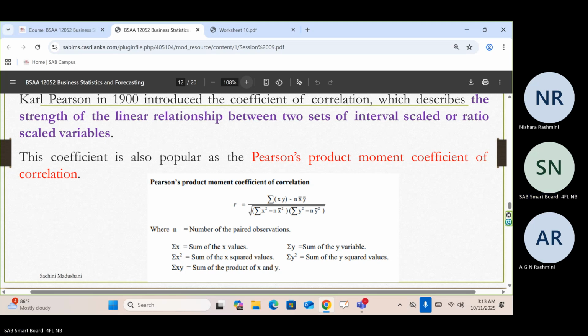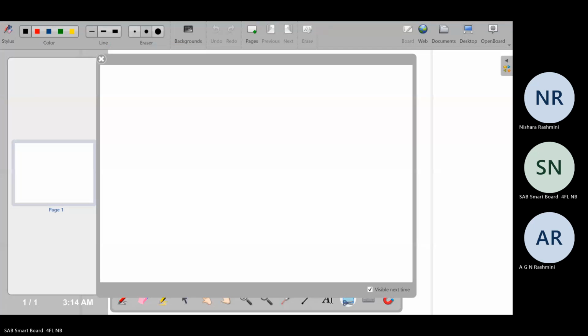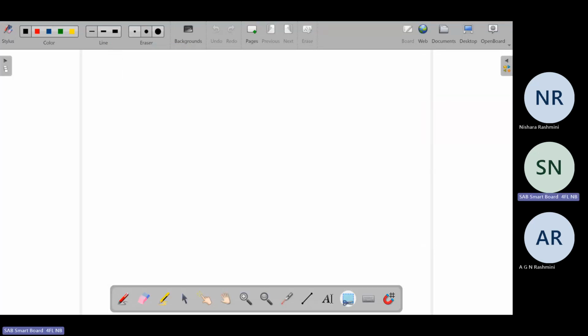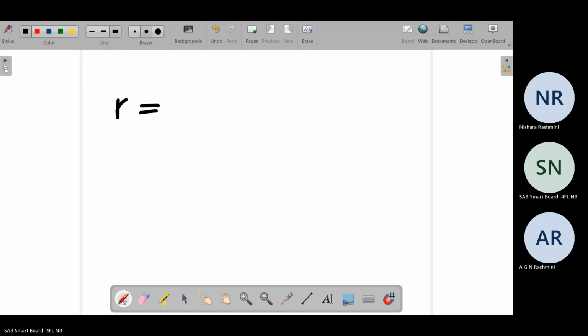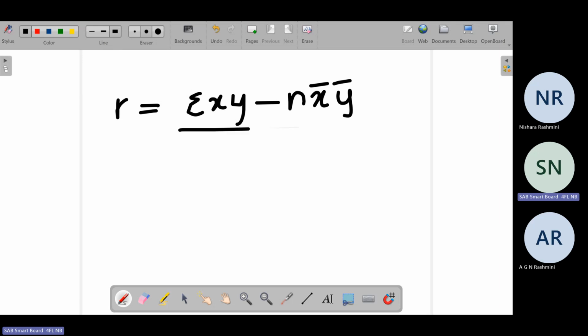So, simple r is the sigma s. And here a square root sign is there.